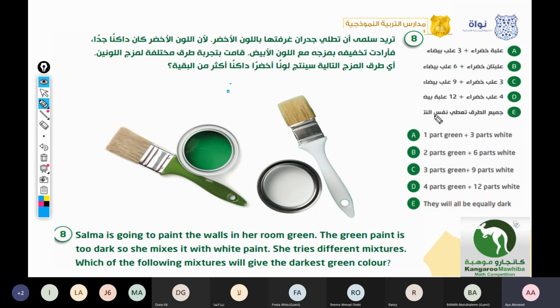So the first will be 1 green, this is the green, this is the white, 1 green for 3 white. 2 green with 6 white. 3 green with 9 white. 4 green with 12 white. All of this will be the same ratio. So let's see, A or B or C or D or E.